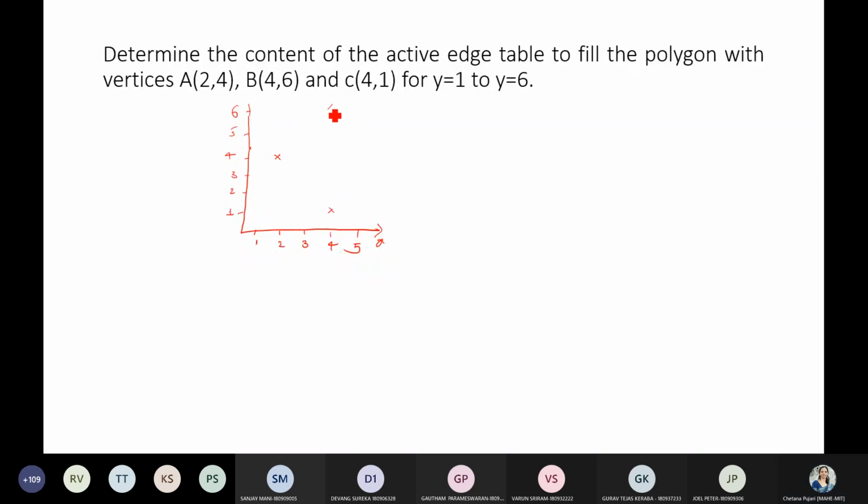So this is our polygon with three different points. This is my A, this is our B and this is our C. This is given, and our job is to fill this polygon. You will have different scan lines, identify the intersection points and fill the polygon with the color specified. We will do that in the next class.